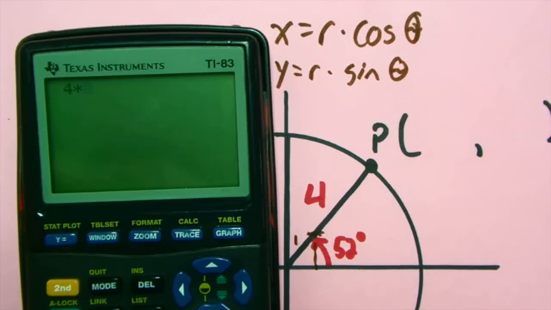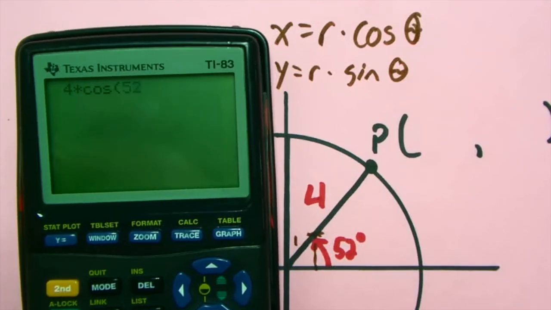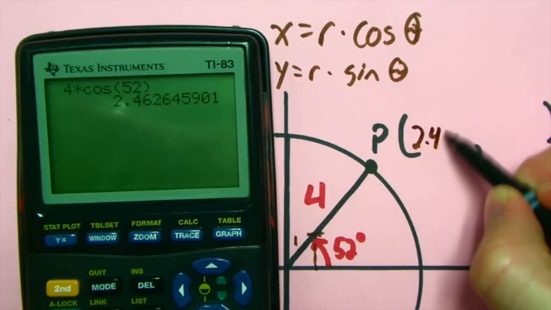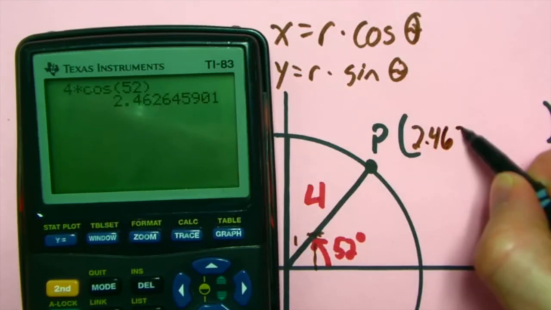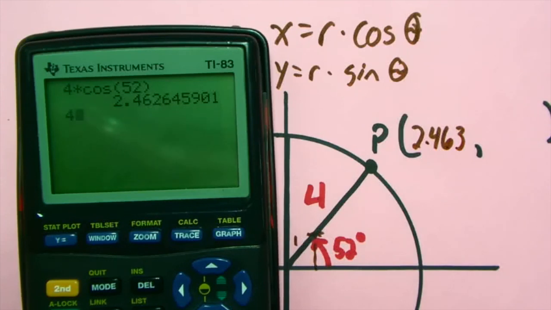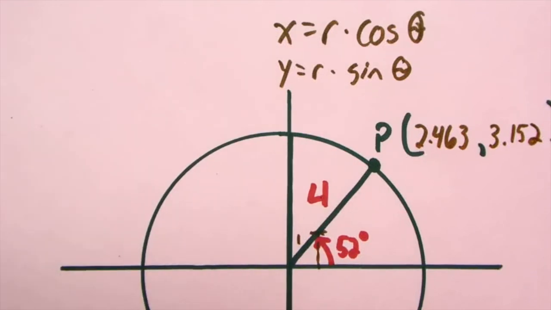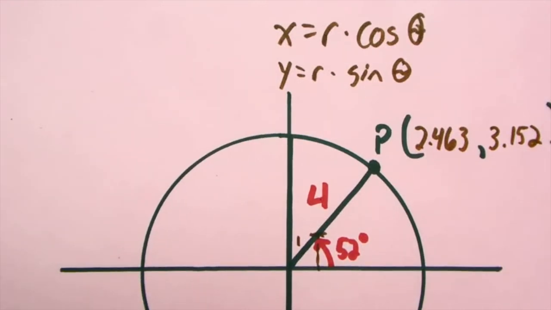And that's giving me 2.463 to the nearest thousandth. And I do 4 times sine of 52. And that's giving me 3.152. That's really all it takes.